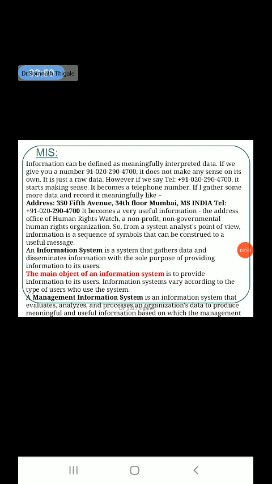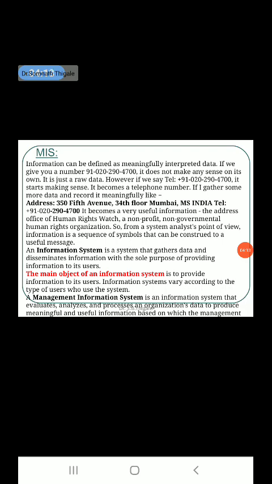It becomes a telephone number if I record it meaningfully with some more data, like the other fields. Whatever data you are giving, the question is whether the data has a specific meaning or not, so we give meaning to that specific data. Giving specific names to that data helps us prepare the MIS.